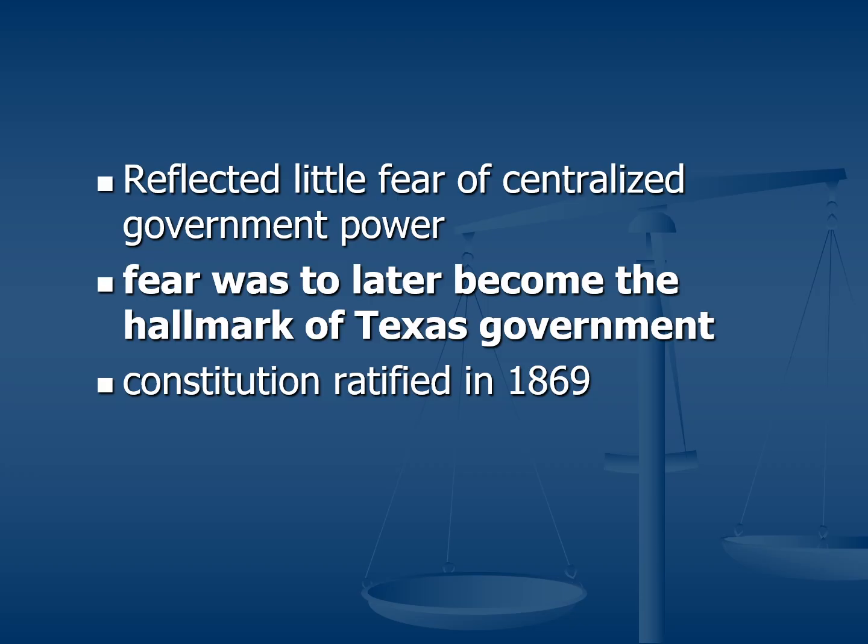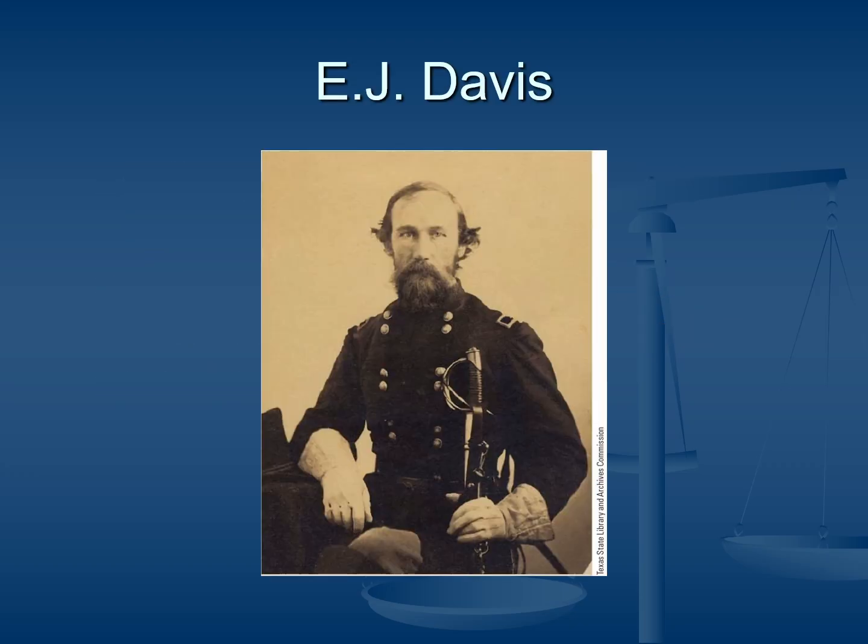Anyway, this constitution was ratified in 1869. Okay, this is E.J. Davis that I keep talking about. So remember this guy, because he really changed the way we viewed politics in the state of Texas.